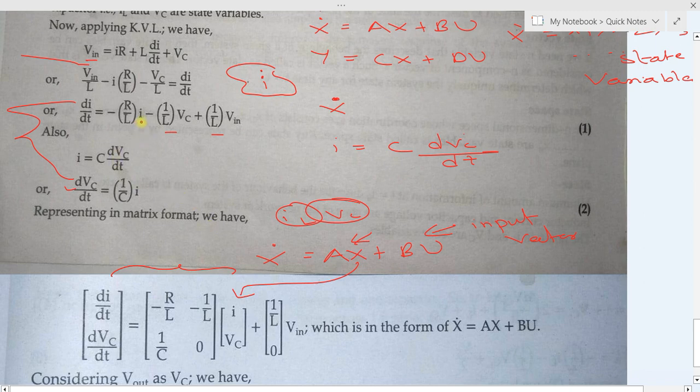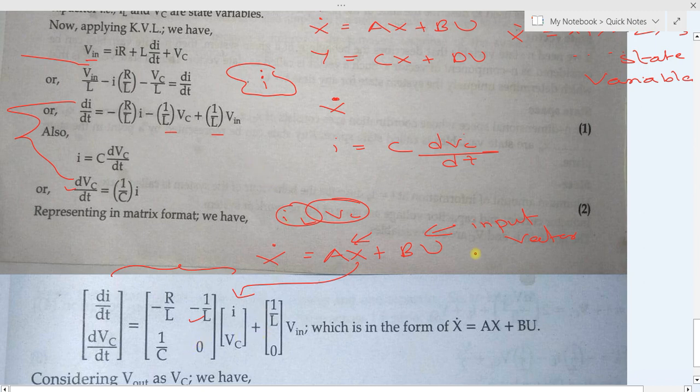In the first equation the coefficient of I is minus R by L, and in the second equation the coefficient of I is 1 by C. Similarly, in the first equation the coefficient of VC is minus 1 by L, and in the second equation we do not have any VC term, so the coefficient is 0.